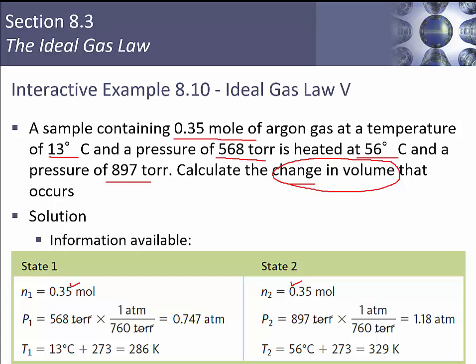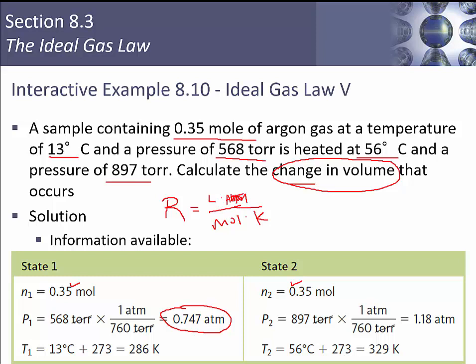Our initial pressure, we're going to convert from torr into atmospheres. The reason we're doing that is because our R constant is going to be in liters times atmospheres per mole times Kelvin. Liters, atmospheres, mole, Kelvin.